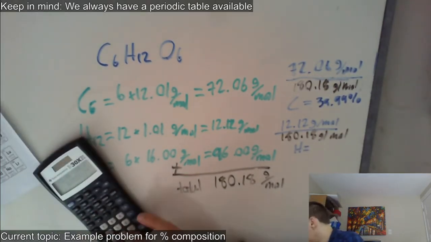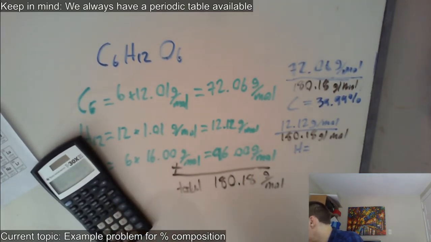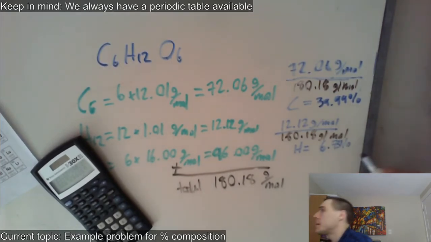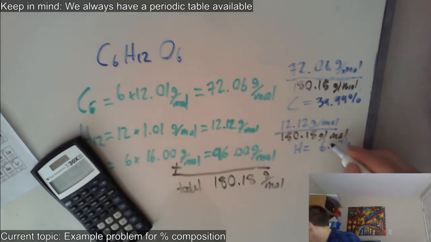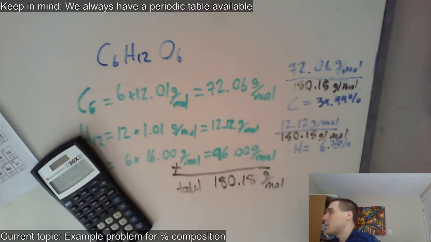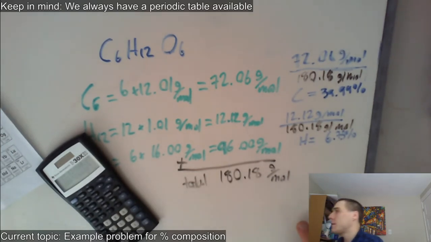Let's get the calculator out. 12.12 divided by 180.18 is 6.7%. 6.73% hydrogen.